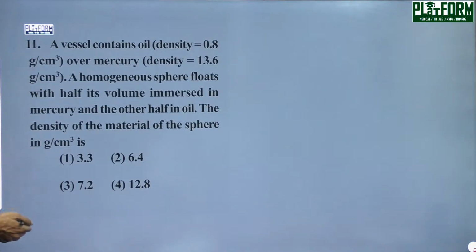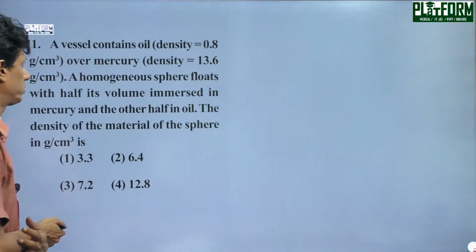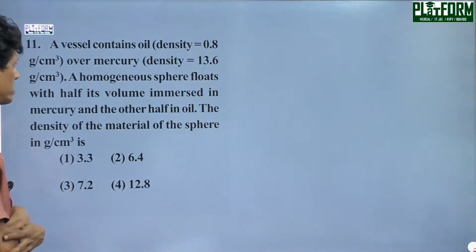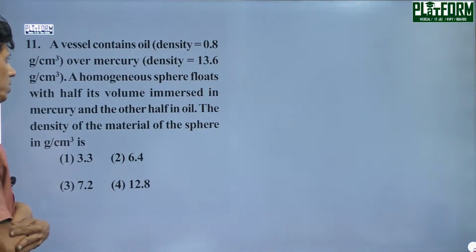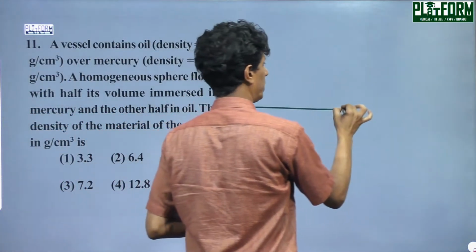A vessel contains oil of density 0.8 gram per centimeter cube over mercury of 13.6 gram per centimeter cube. That is two types of liquid.